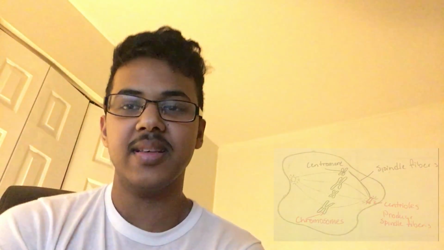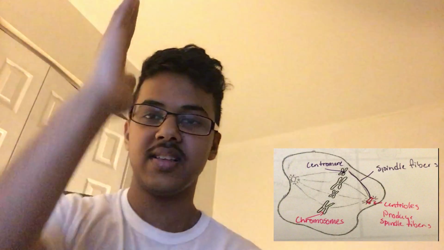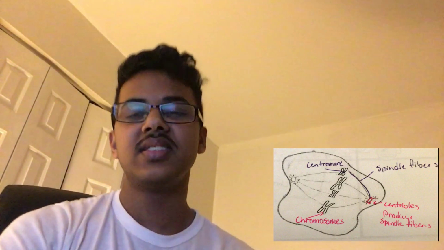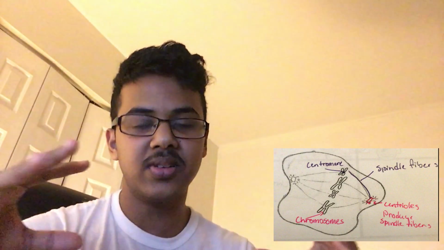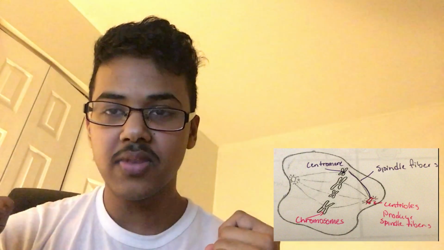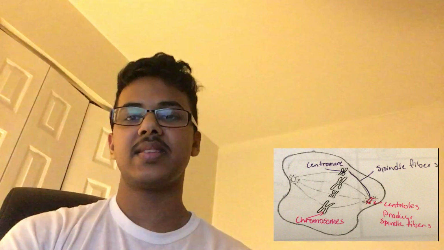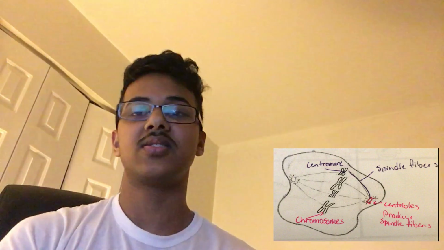During metaphase, chromosomes line up in the middle of the cell, just a line of chromosomes. During that, spindle fibers connect to those chromosomes. Spindle fibers are very necessary for the separation of sister chromatids.